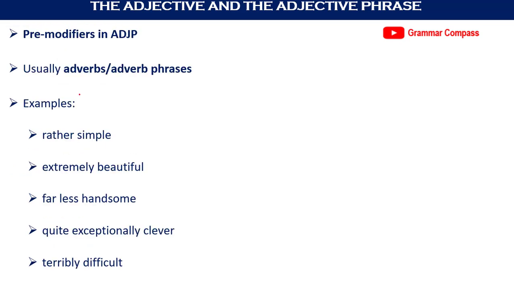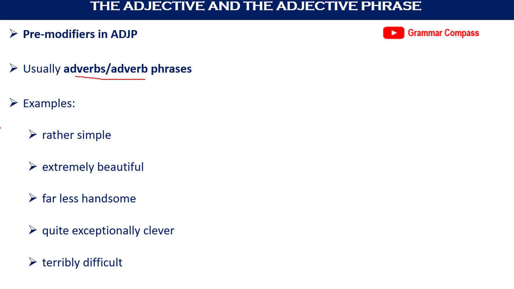Now let us discuss the elements or the words that can appear before the adjective as pre-modifiers. They are usually adverbs or adverb phrases, which means that in the modifier position, only the adverb or the adverb phrases occur before the adjective heads.